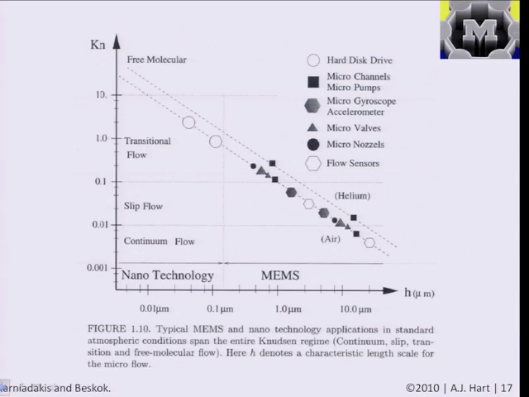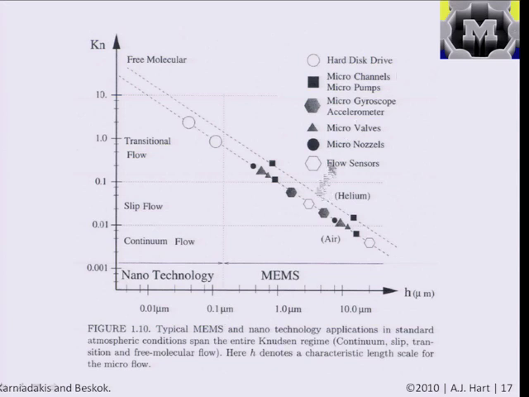And this is just another chart that looks at how the flow regimes change with scale. Now we have the Knudsen number on the vertical axis, and the length scale, h, on the horizontal axis. You can think of it as a pipe diameter or the height of a channel. It's giving the boundary between what they're calling MEMS and nanotechnology as being at a length scale of 100 nanometers.